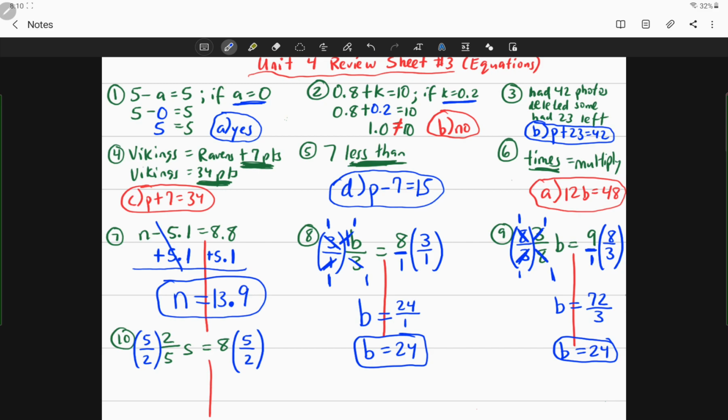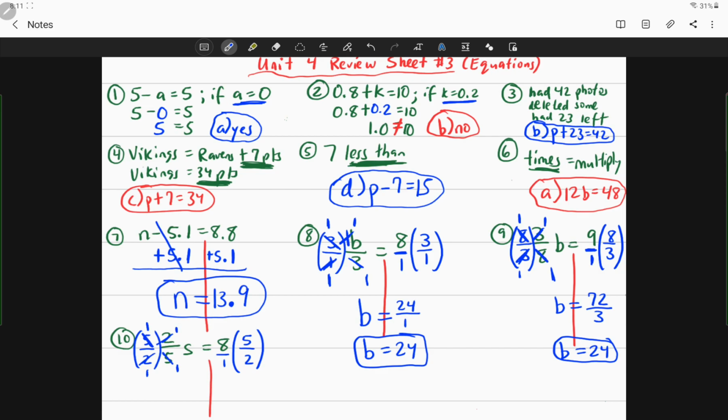And before I start solving, I know that I'm looking at a whole number 8. So I make that a fraction also, put it over 1. Now it's all set up and I'm ready to solve. So on the left side, my 5's will cancel, since 5 divided by 5 is 1 and 1. 2's cancel, since 2 divided by 2 is also 1 and 1.